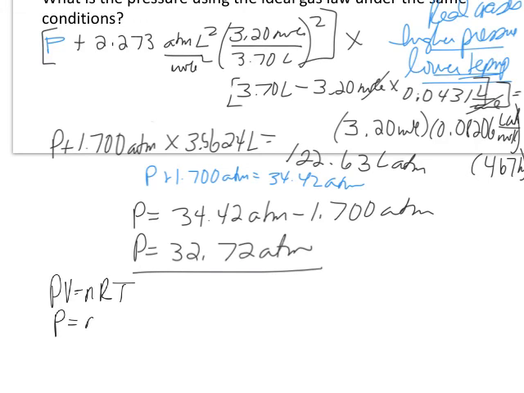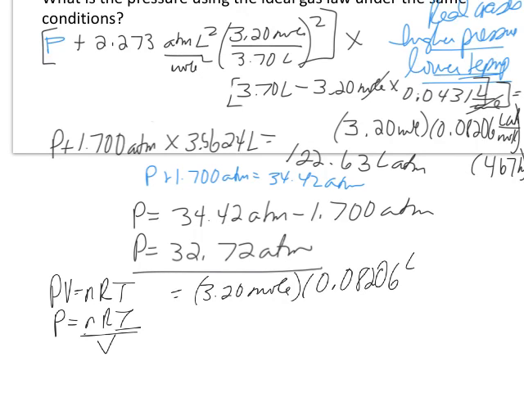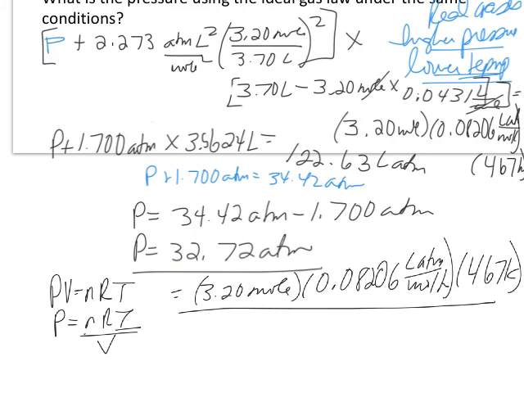So you're going to solve for pressure: nRT divided by V. You put in 3.20 mole times your gas constant, 0.08206 liters atmosphere per mole Kelvin, times your temperature, 467 Kelvin, divided by your volume, 3.70 liters.